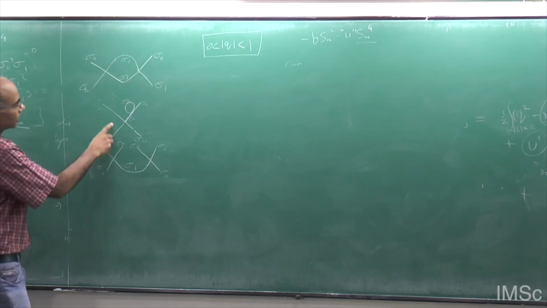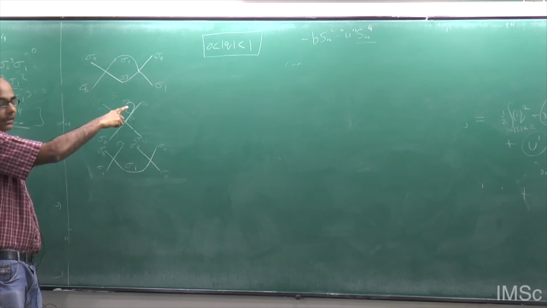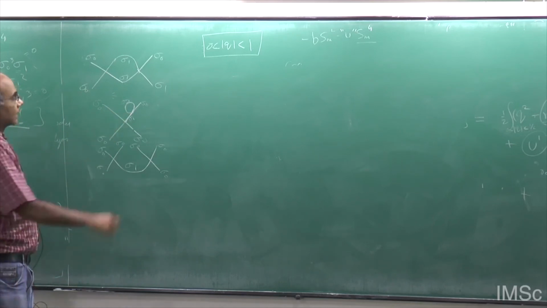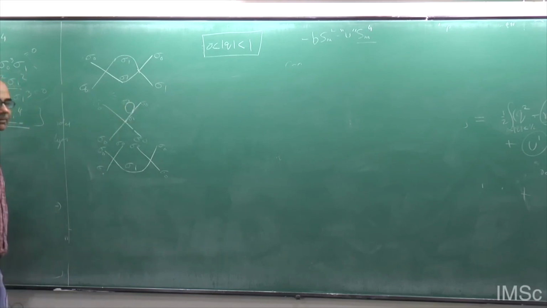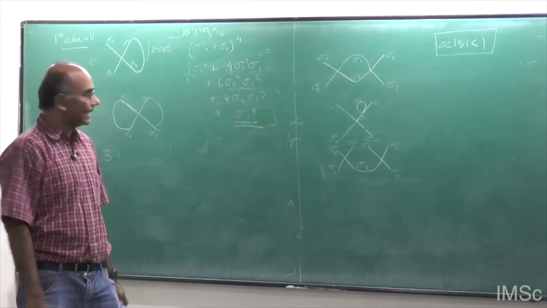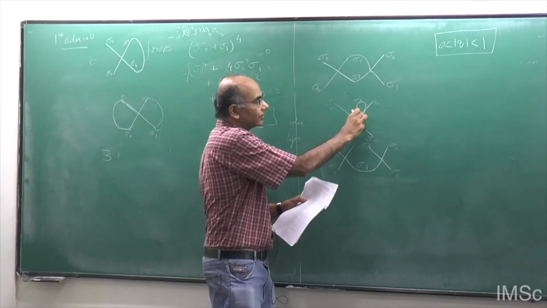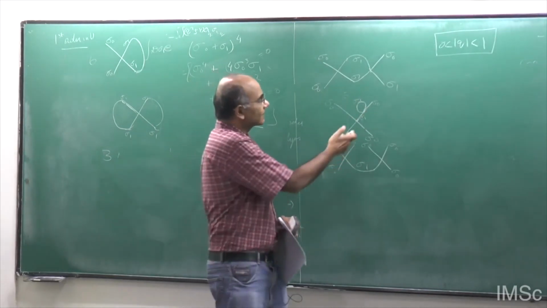So this is a sigma naught cubed sigma 1, sigma naught cubed sigma naught sigma 1 cubed. So you have to tell me why this diagram gives you 0. As an integral, it's not 0. I mean, this is a non-zero propagator, this is a non-zero propagator. But why is this 0?